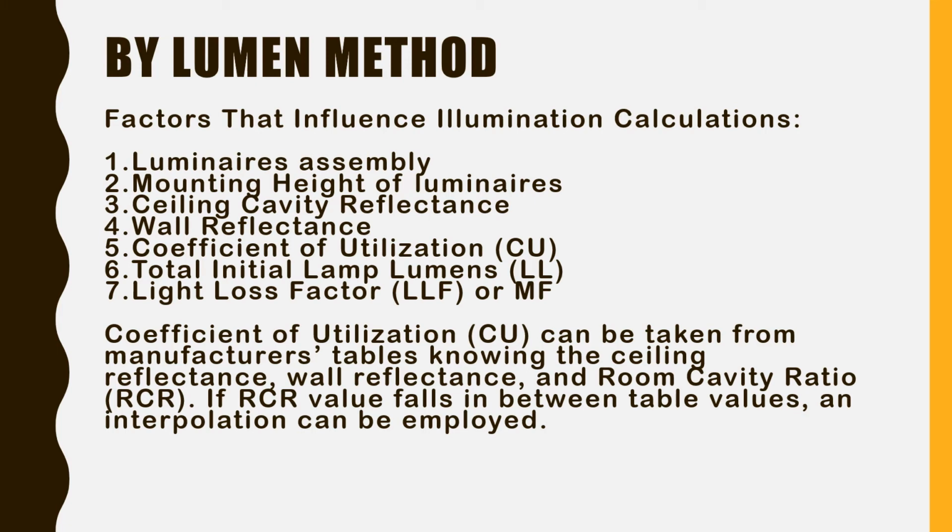Coefficient of utilization CU can be taken from the manufacturer's table, knowing the ceiling reflectance, wall reflectance, and room cavity ratio, RCR. If the RCR value falls in between table values, an interpolation can be employed. So if you cannot get the exact RCR, room cavity ratio, you can apply the interpolation method to find the values in between.